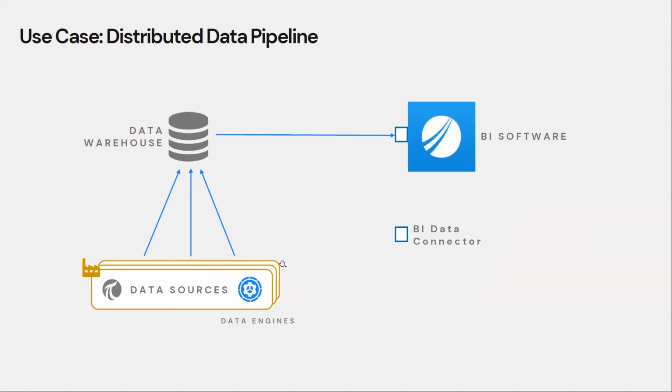In that case, you can deploy data engines to all of your different locations and collect the data sources through a data pipeline operation, and then send all of that into a data warehouse. That makes all the data available to your BI software.